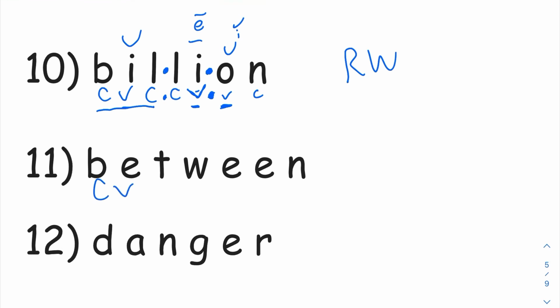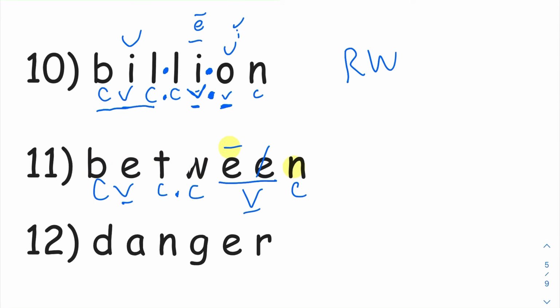Number 11: consonant, vowel, consonant, consonant, and a long E sound like feet. We see the two vowel sounds. Divide in between the two vowels. My first syllable, b. Ooh, that's kind of a rule breaker. I messed that one up. So we need to move where we divide, don't we?